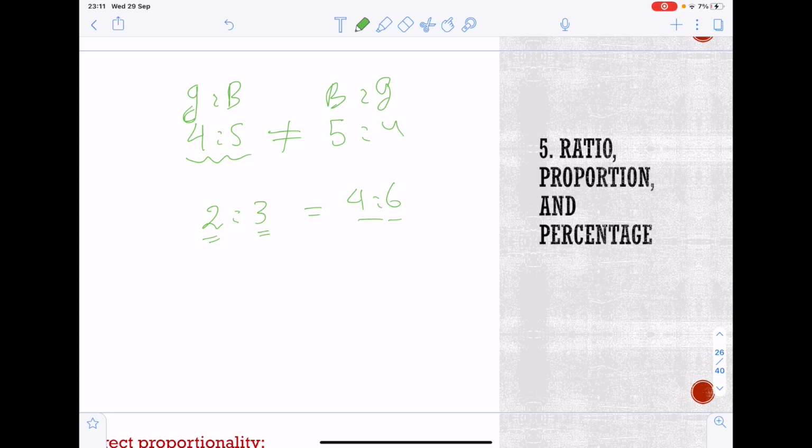So it's not enough to compare 2 values that have the same quality, they should also have the same unit. For example, if I compare the weights of 2 quantities, they should have the same unit, both gram or both kilogram. I can't compare 500 grams and 3 kilograms. Okay.